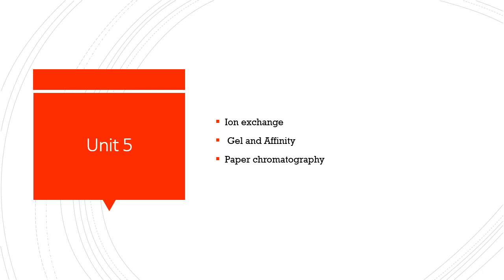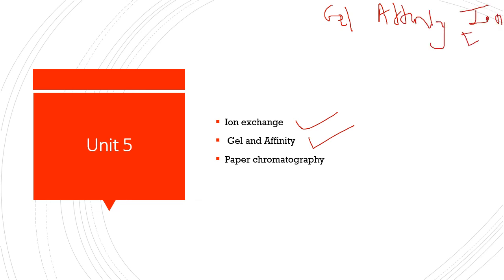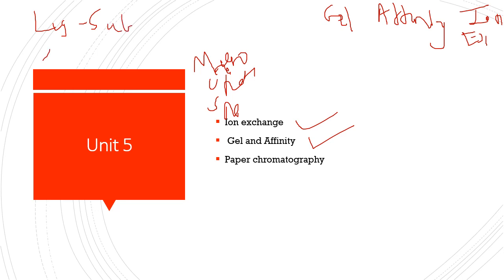These special chromatographic techniques include gel, ion exchange and affinity. Whenever you study, see to it that you study in a comparative format, because these are very special chromatographic techniques. They are used for macromolecules, for charged species, and for specificity like ligand, substrate, antigen, antibody.